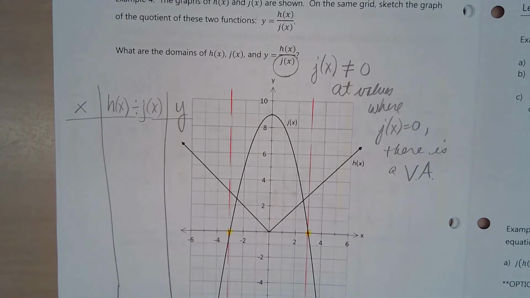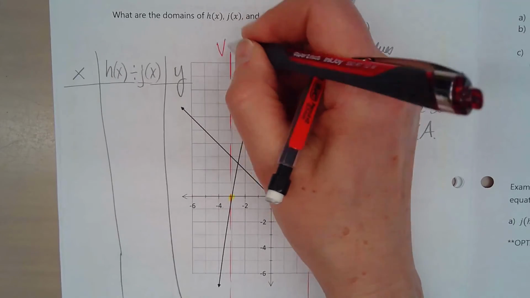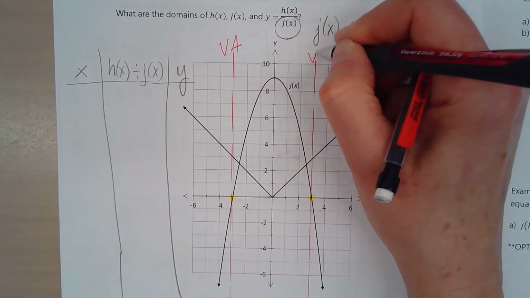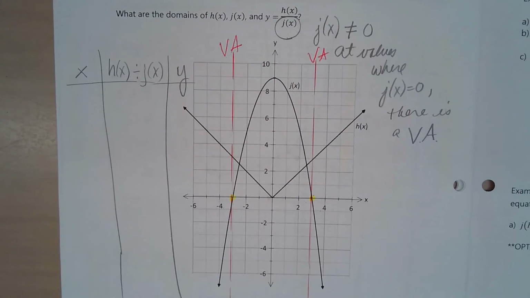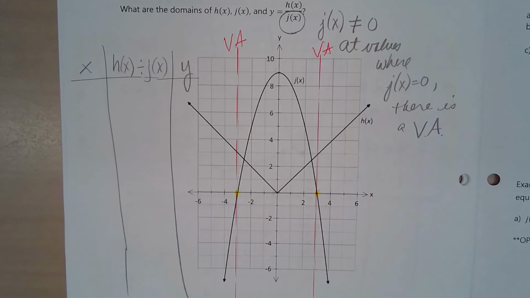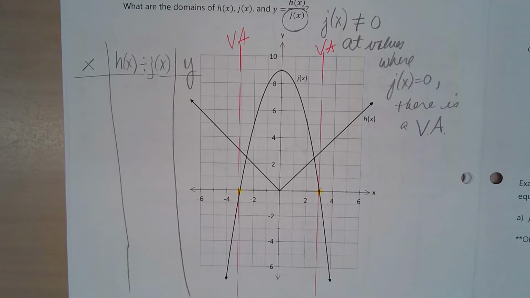It's only when you have rationals. So we've got a vertical asymptote here and a vertical asymptote here. So when I'm doing my table of values, I'm not going to find any values for -3, +3 because the y value won't exist there. It'll be a vertical asymptote. So that also helps us when we're doing our graph of the new function. We know what happens at these values.